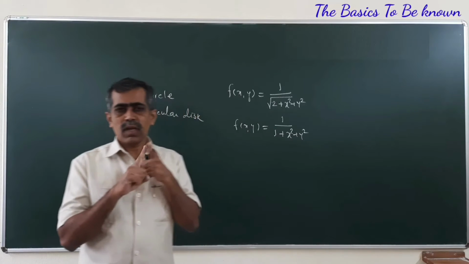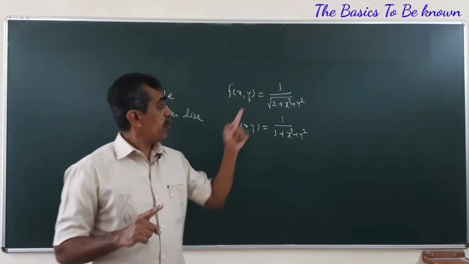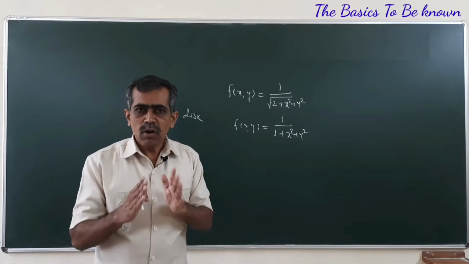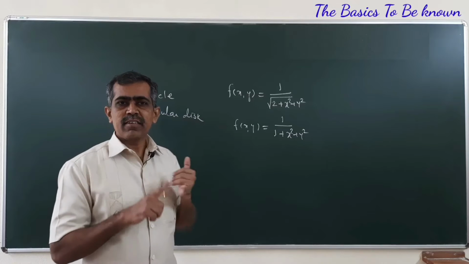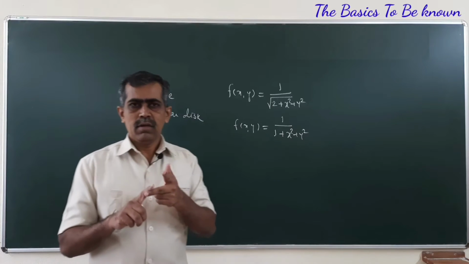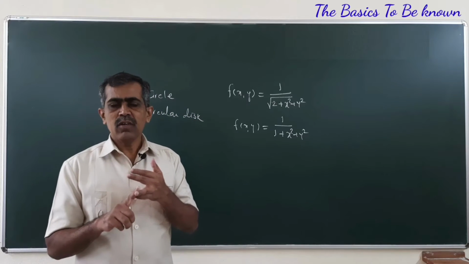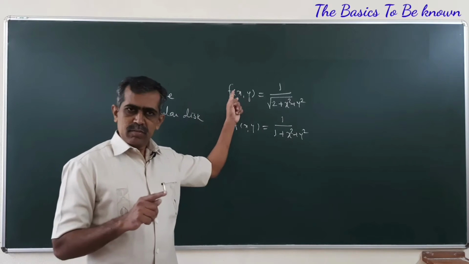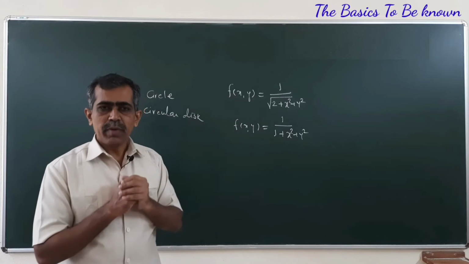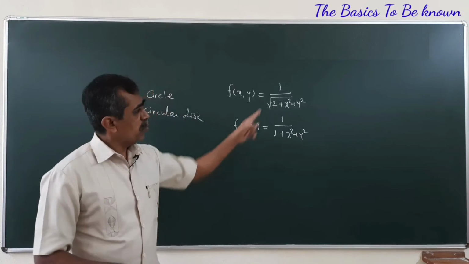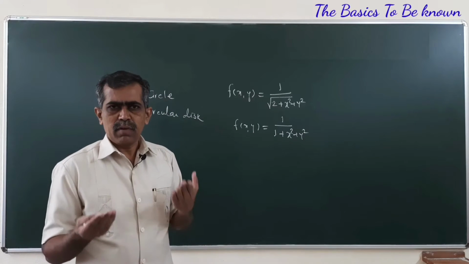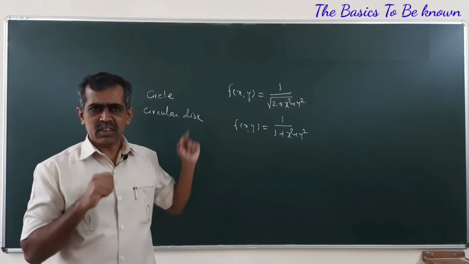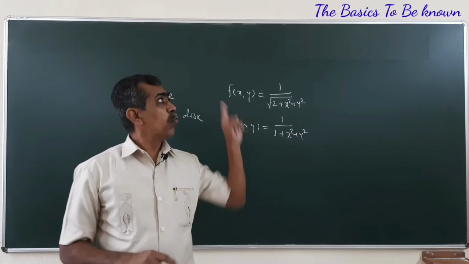Once again, number 1: if the domain of integration, the region of integration, is part of a standard object such as a circle, a circular disc, a sphere, an ellipsoid, or a paraboloid, then whether the function is complicated or not, if you come to know that the domain of integration is part of such a standard region, immediately you go for change of variable.